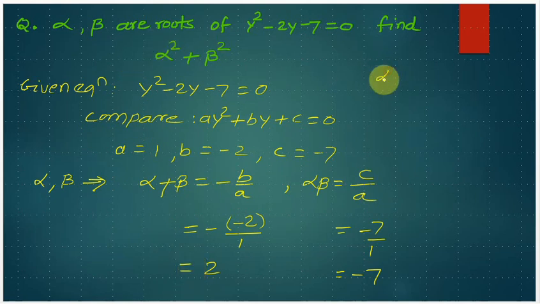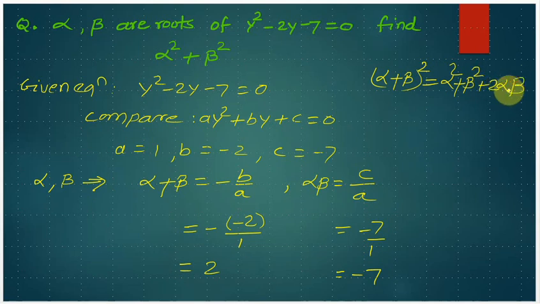Now we know that alpha plus beta whole square is equal to alpha square plus beta square plus 2 alpha beta. So by this formula, alpha square plus beta square is equal to alpha plus beta whole square minus 2 alpha beta. Now put the values.